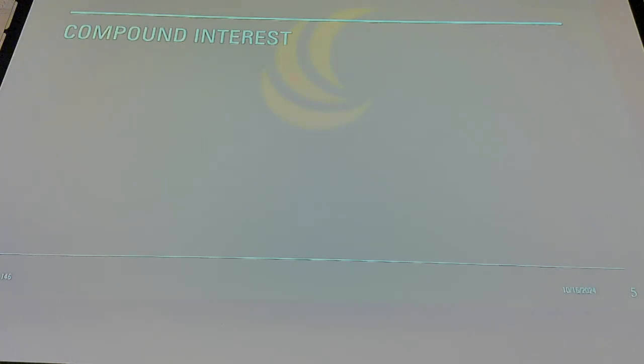So if we think of just simple interest, it's usually a good starting point. How do you calculate the amount of interest?